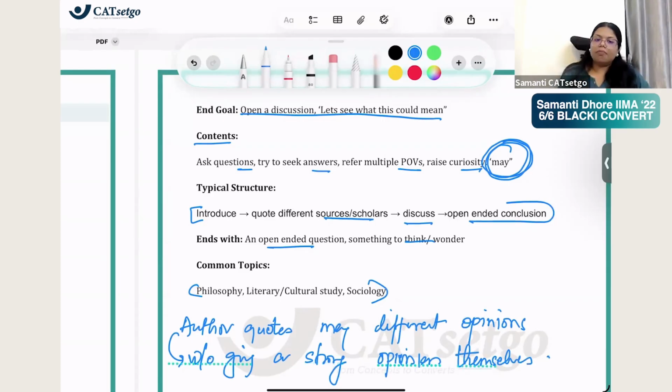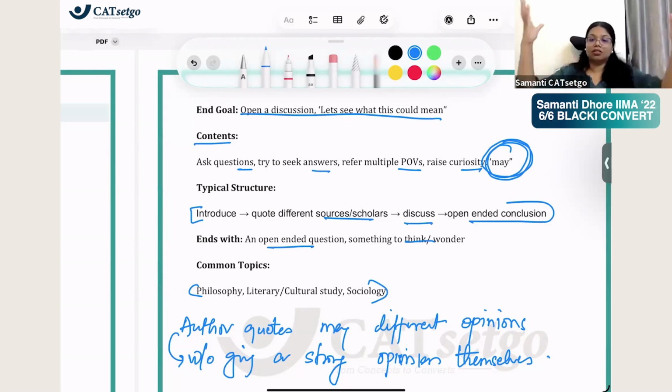Okay. By the way, we are going to see each of these types. But right now, just note all the theory because it's important that you know the theory. Once we are aware of the theory entirely, then we will solve examples where we see how we applied it. So the author quotes many different opinions without giving an opinion themselves.